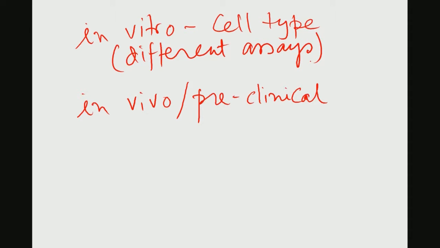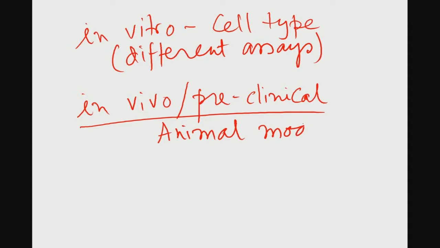on different material substrates. Now, as you translate the in vitro results into the in vivo context, or preclinical studies, you need to do experiments in different animal models. In the last couple of modules, I have discussed the need for the in vivo study.